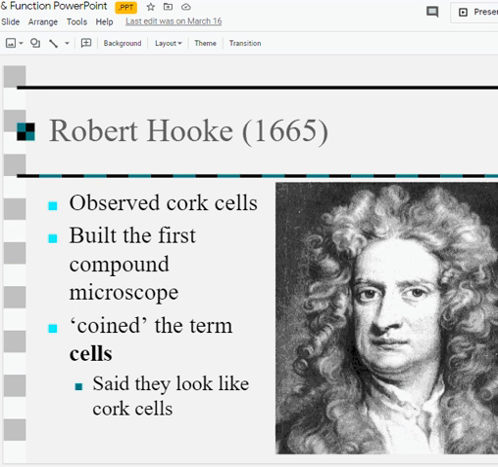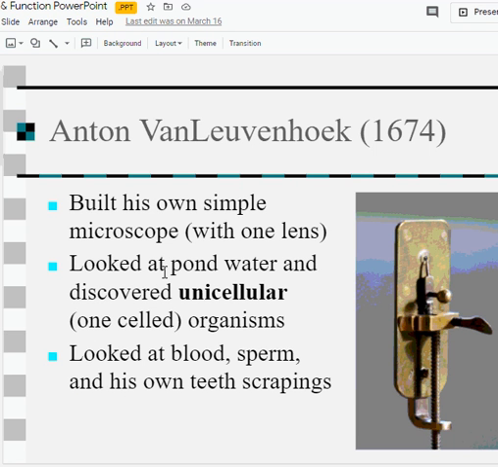So I'm going to take you over here. Here's our Robert Hooke. The year here is about 1665, so quite a long time ago. And we have Anton van Leeuwenhoek. That's 1674. He built his own microscope. That looks more like a medieval kind of torture device, but that is his microscope.